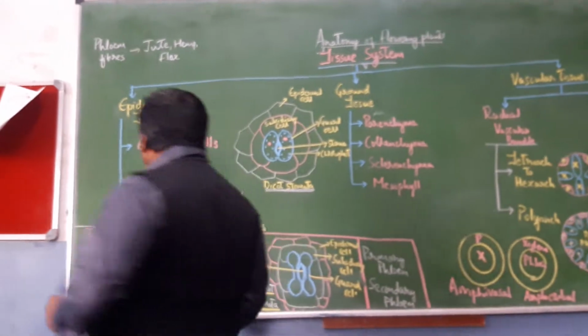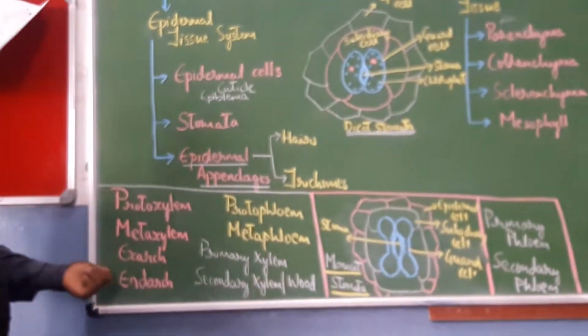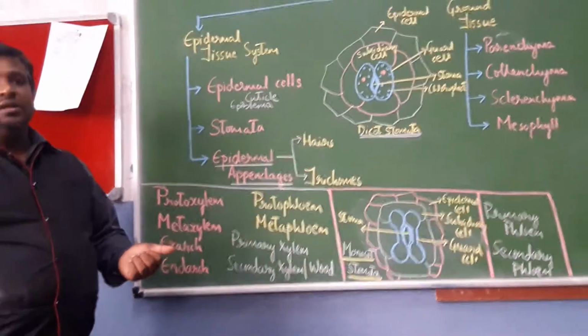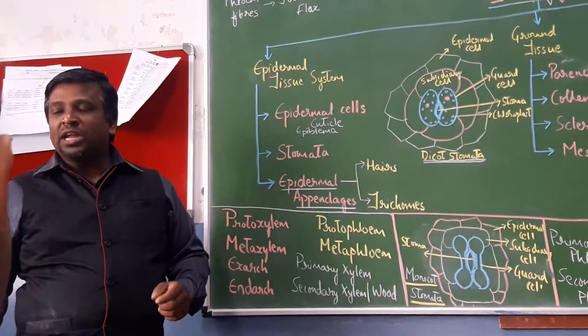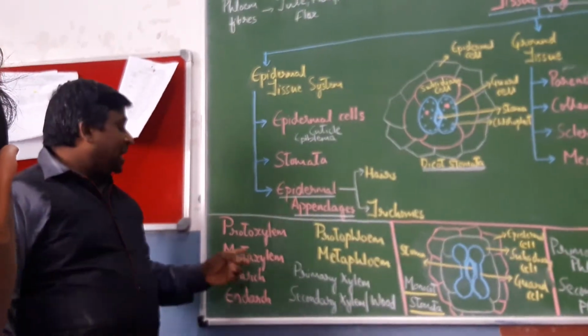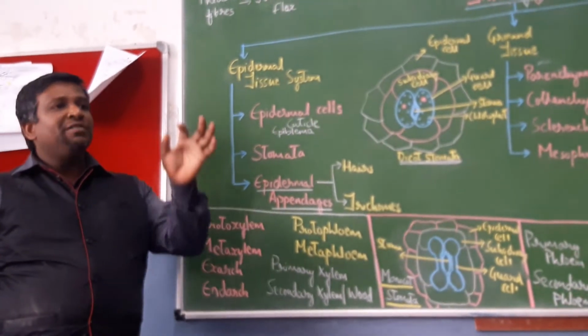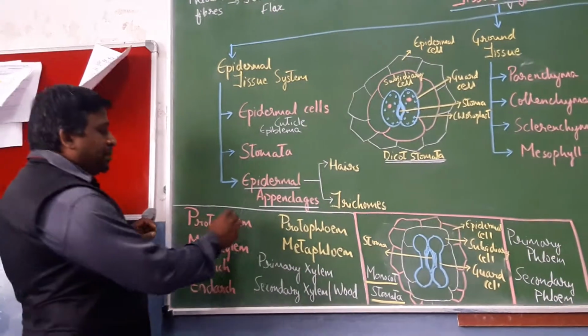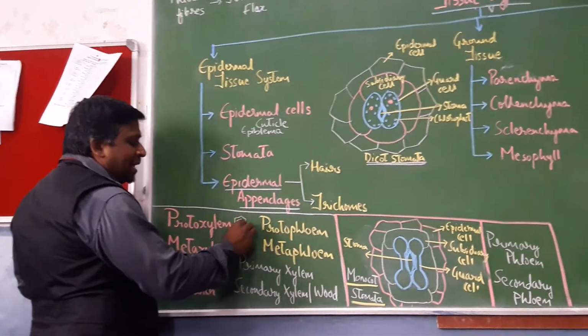Then there were certain points which I have not explained in the last class, like the protoxylem. Protoxylem are the first formed xylem elements. Metaxylem are formed later. Protoxylem have a small lacuna, lacuna means the space.